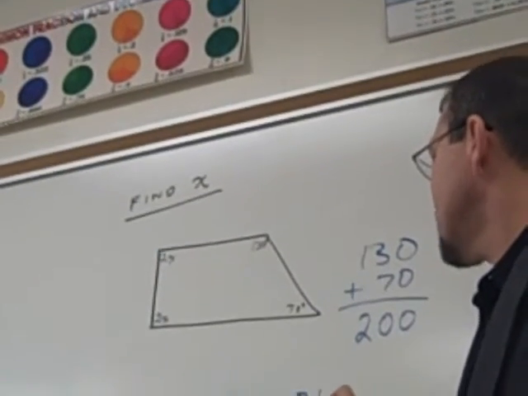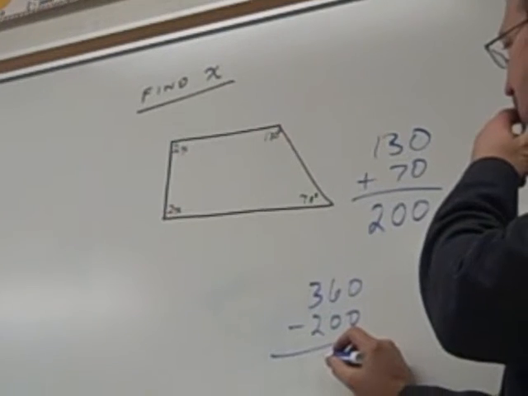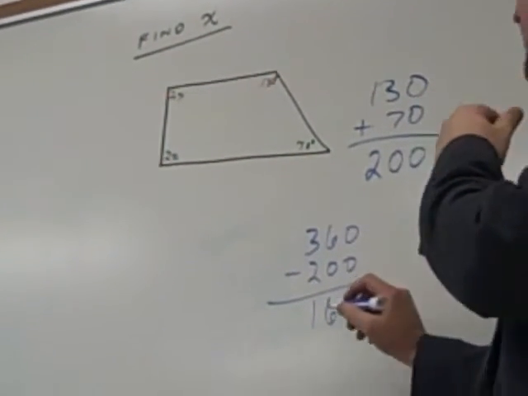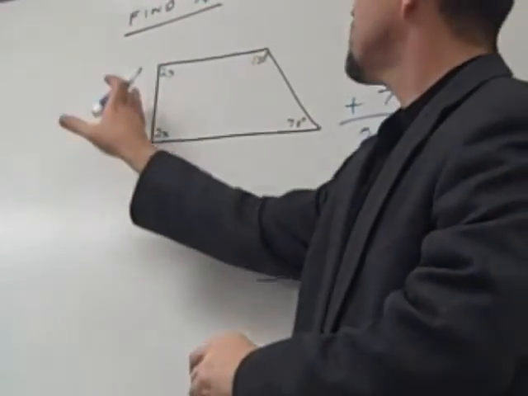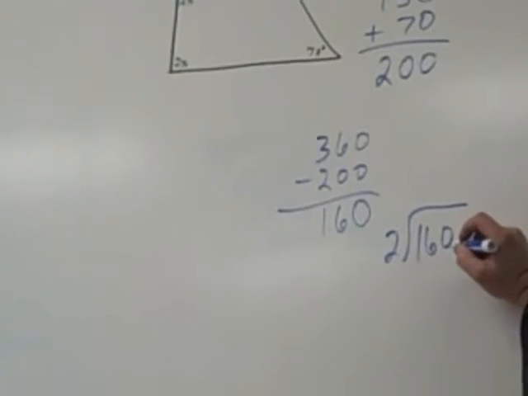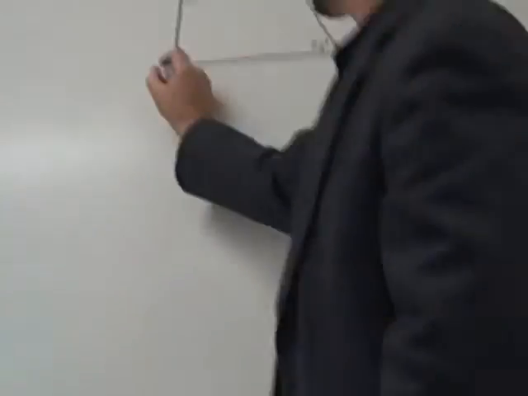So 360 minus 200. How much? 160. Divided by 2, because it's got to be for 2 angles. So 160 divided by 2 is 80. So that means that whole angle is 80.